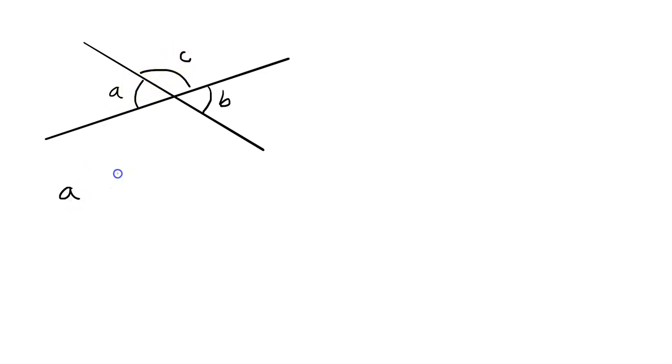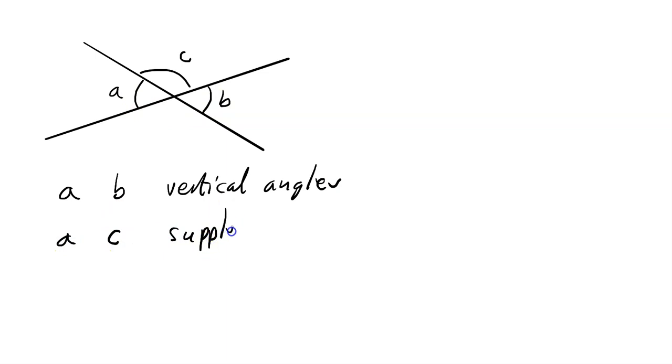So A and B are called vertical angles with respect to each other. And A and C are called supplementary angles with respect to each other. The sum of these two supplementary angles is 180 degrees, since that's half a turn.